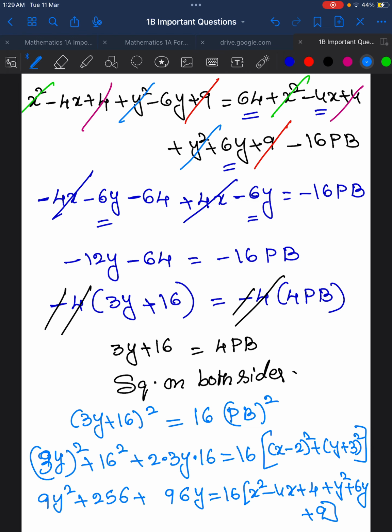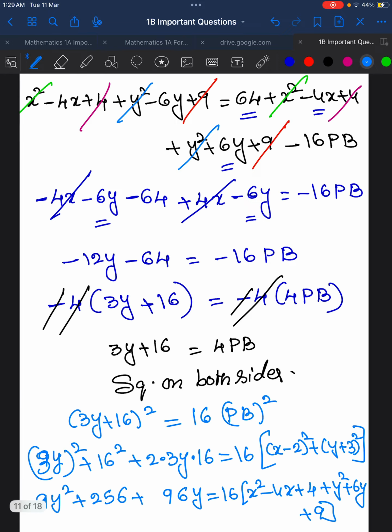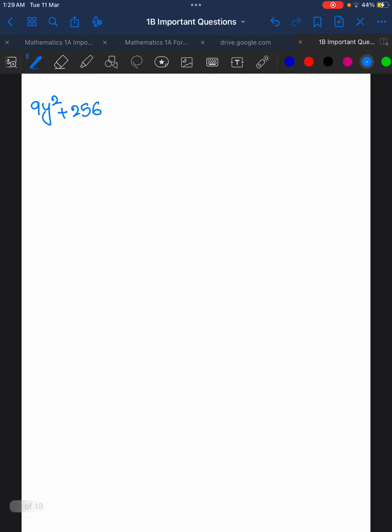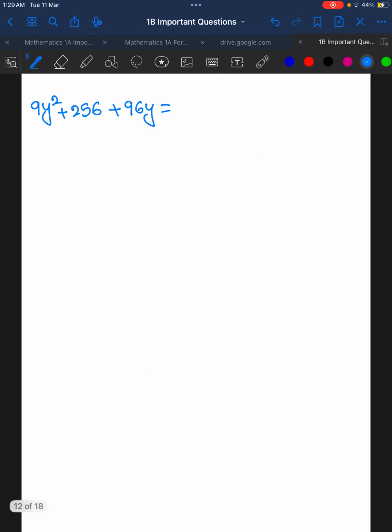Okay, on the next page we are simplifying the calculation. We are finally finishing the problem. 9y square plus 256 plus 9 plus 96y is equal to 16 times x square, 16x square.